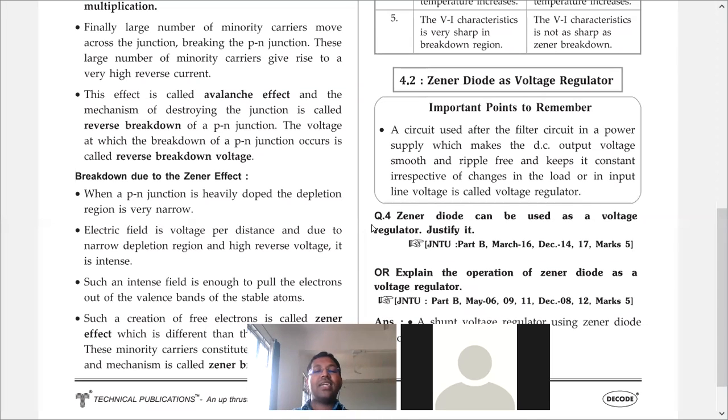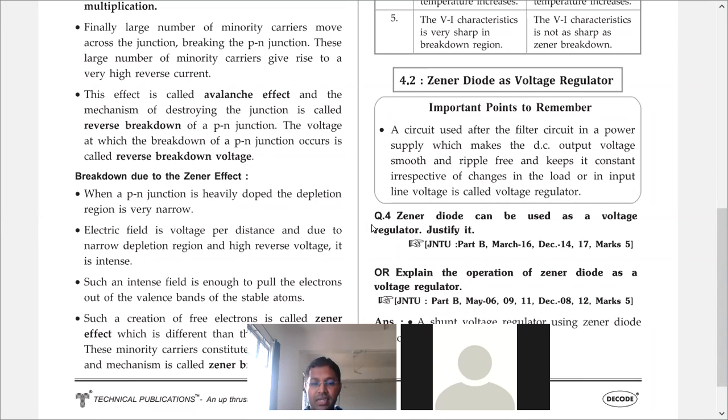In the process of converting AC to DC, as we discussed earlier, the first step is to use a step down transformer, because in electronics we require lower voltage. Next, we go for a rectifier, which we also discussed in the first unit.